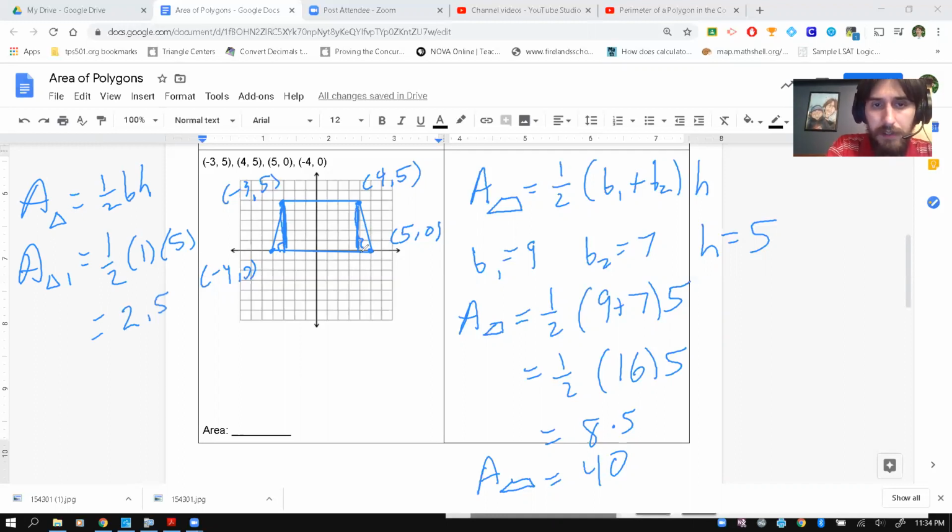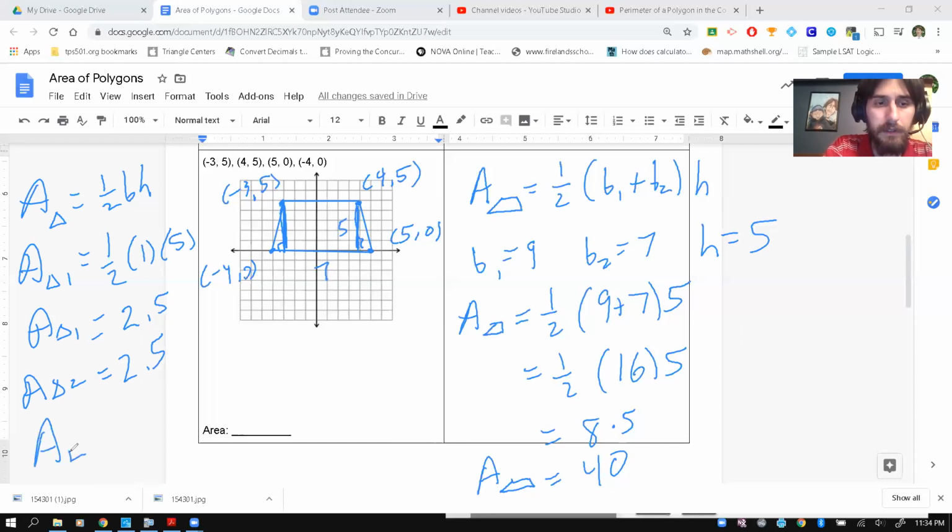My second triangle is the same thing. It has a base of 1 and a height of 5, so it will also be 2.5. And then the rectangle that I have left over would be a 7 by 5 rectangle.